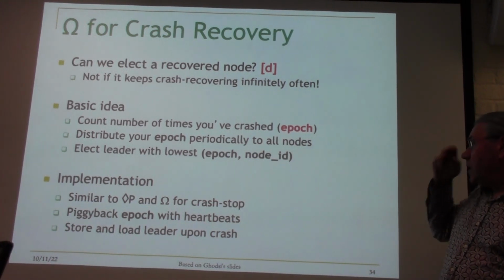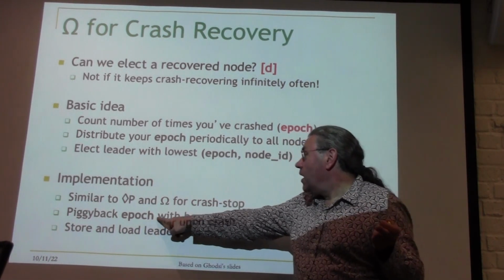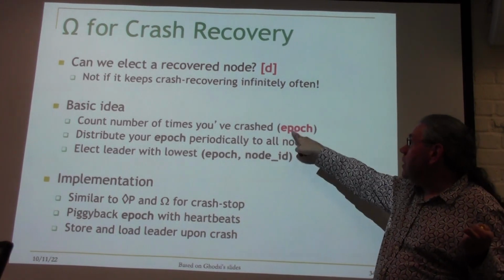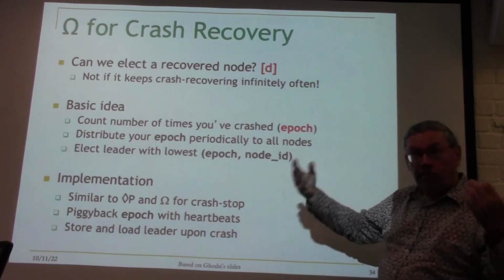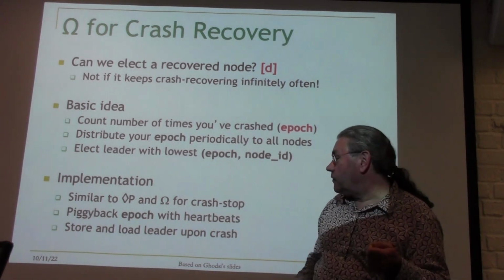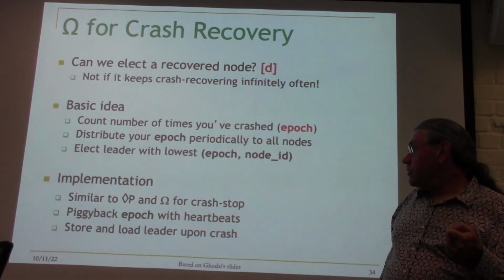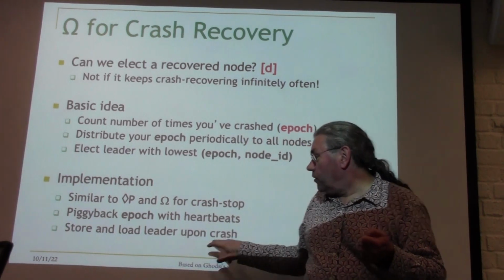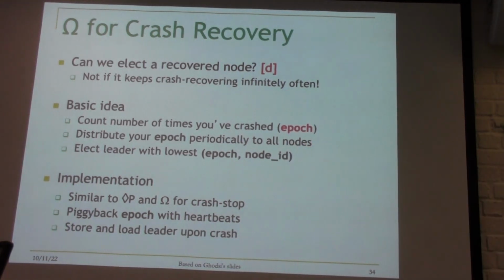And so you have this extra epoch thing that counts the number of recoveries, which has to be piggybacked and so on. And you keep track of the leader. You store it in the state. So you have to be using the stable storage.